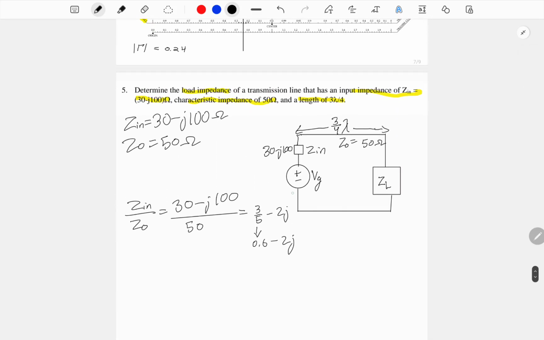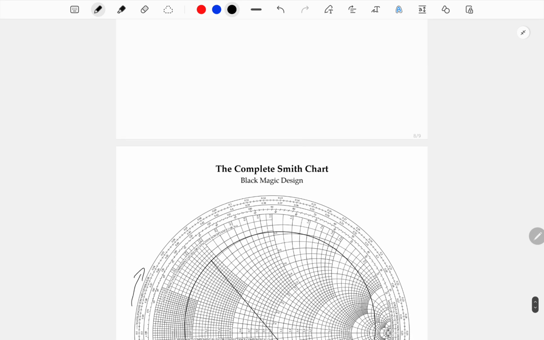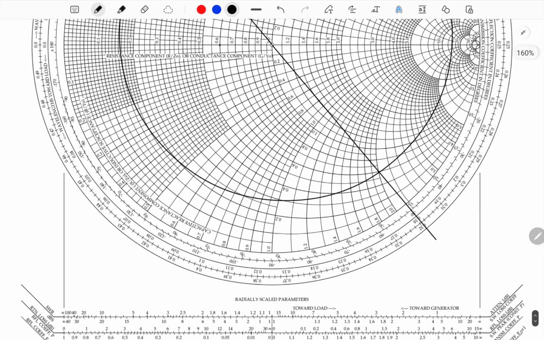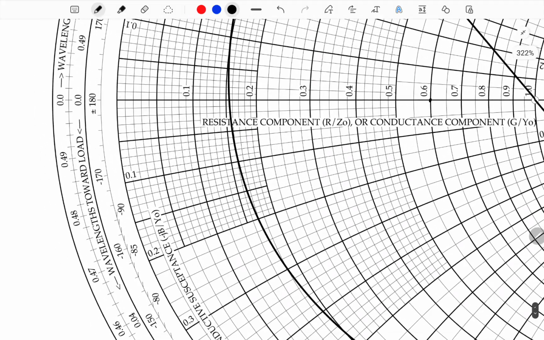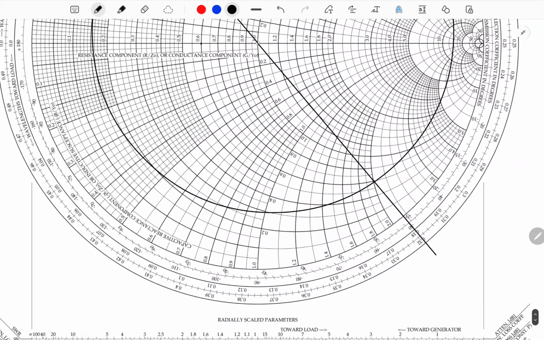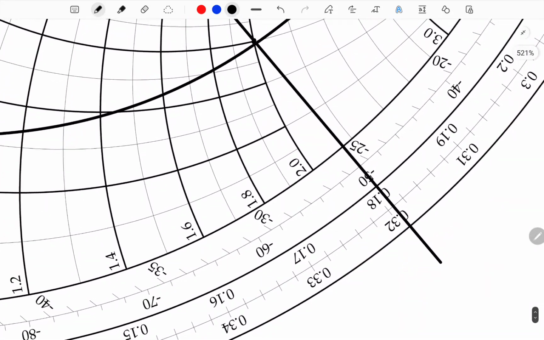This time we have the input impedance, so we are going from the input impedance towards the load. We're going on the second line, which is towards the load, so we're looking at the bottom value. The bottom value right here is going to be 0.181.